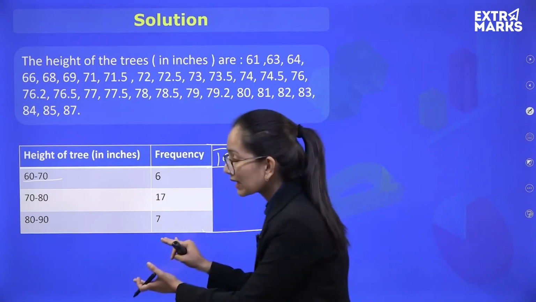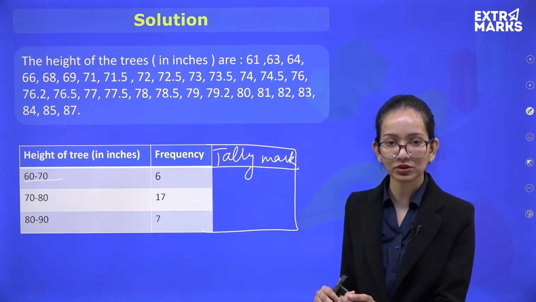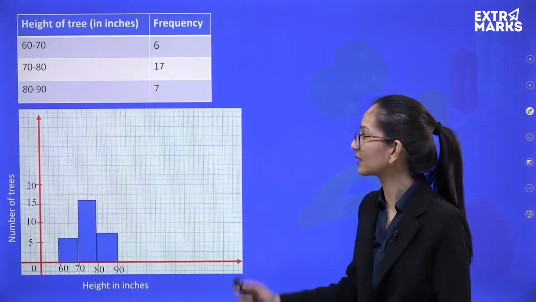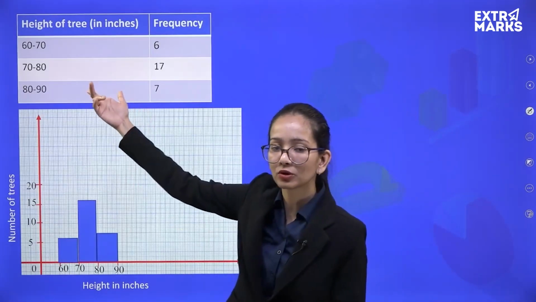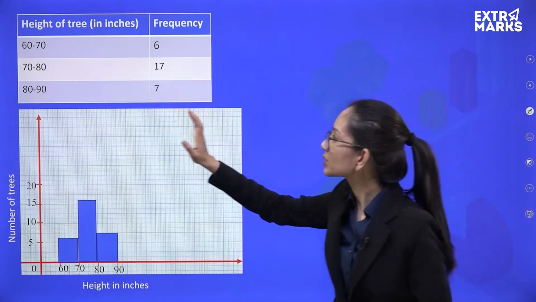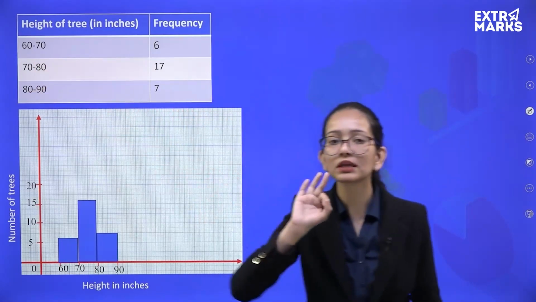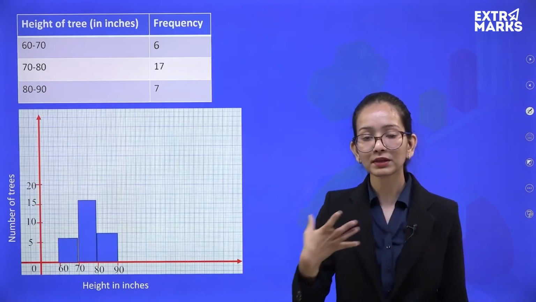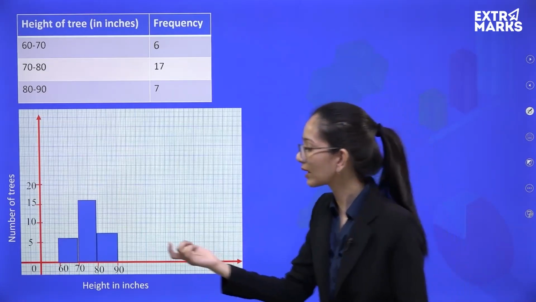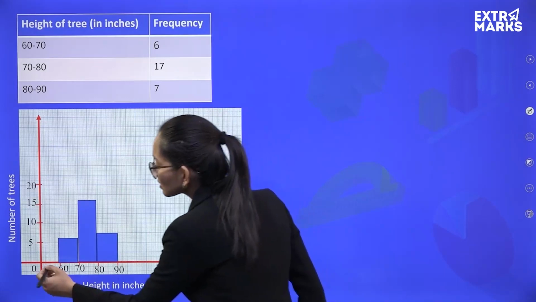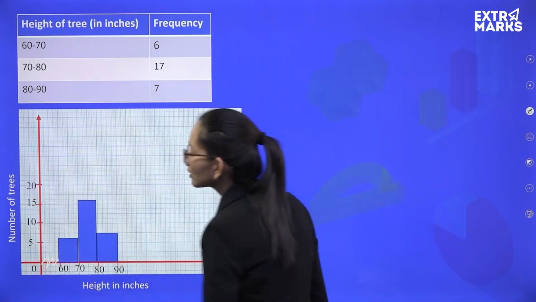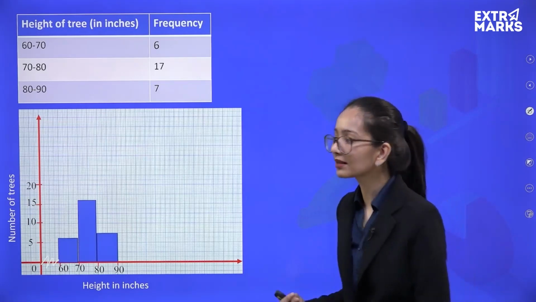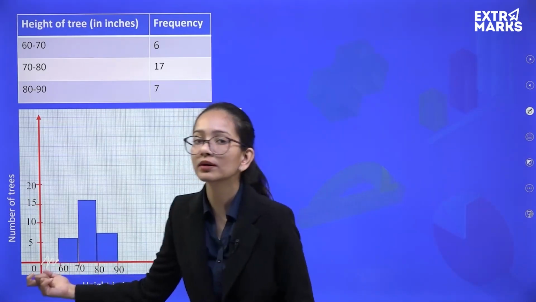Now based on this grouped frequency distribution table, you can easily construct your histogram. Let's construct it. So this was my grouped frequency distribution table. I can easily see that from 0 to 60, there are no trees whose height are in between 0 to 60 inches. So that's why I will represent this 0 to 60 with the help of a distorted line or jagged line, which will represent that in this range there is no data.